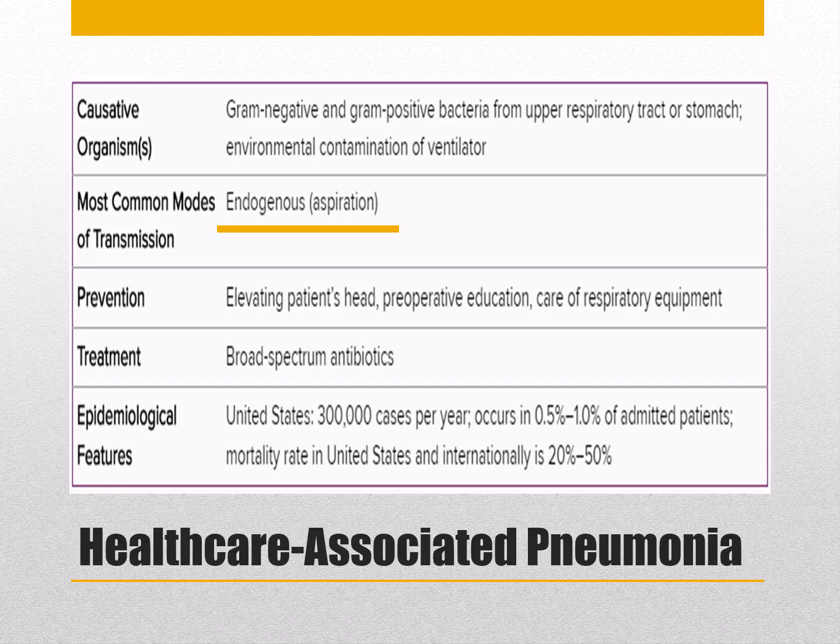Versus healthcare-associated pneumonia, where an individual in the healthcare field is maybe placing a breathing tube, a feeding tube, maybe giving a tracheotomy, and they move part of our home team into a place where they shouldn't be, into the lungs. So the most common mode of transmission for healthcare-associated pneumonia is an endogenous transmission.